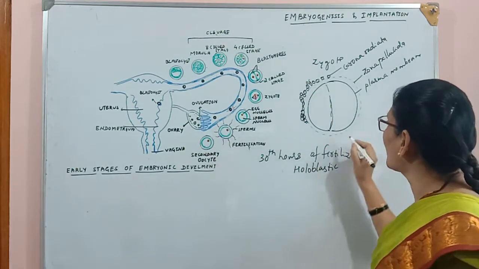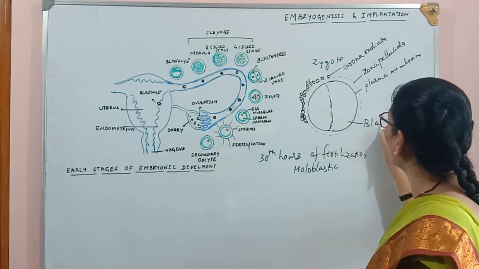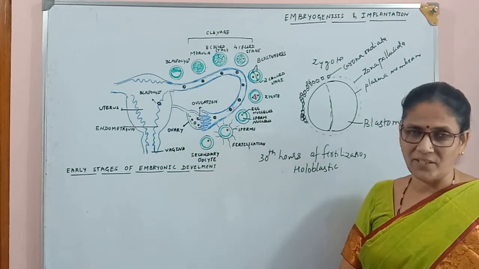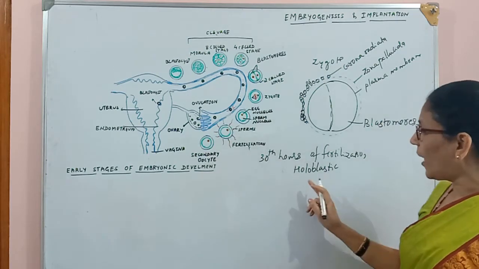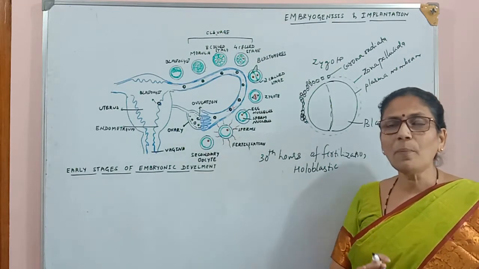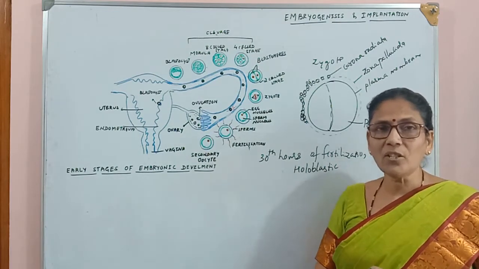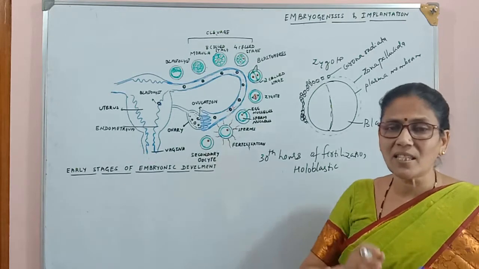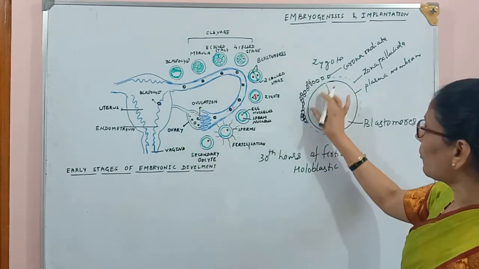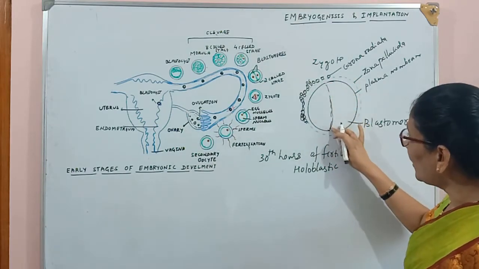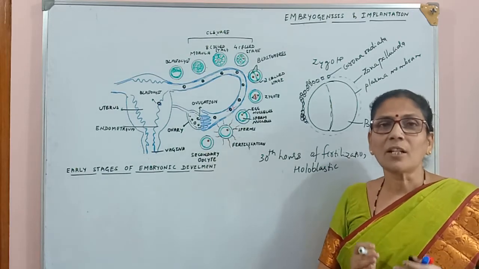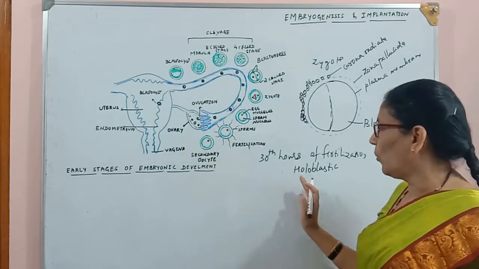These daughter cells are called blastomeres. Why is it called holoblastic? Holoblastic means the cytoplasm of the cell is completely divided into two equal parts. Here the cytoplasm of this cell is divided completely into two equal parts. Such cytoplasmic division is called holoblastic.